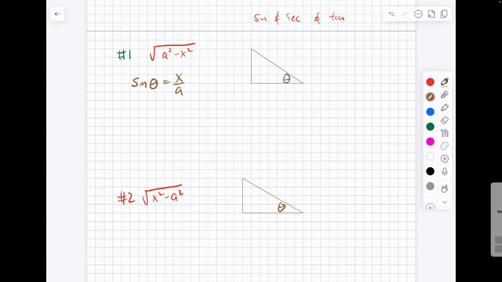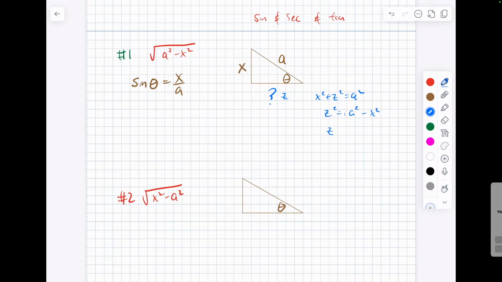Because if you have x and you have a here, what will this side be? Square root of what? Let's just say this side is z. So x squared plus z squared is equal to a squared, so z squared is equal to a squared minus x squared.